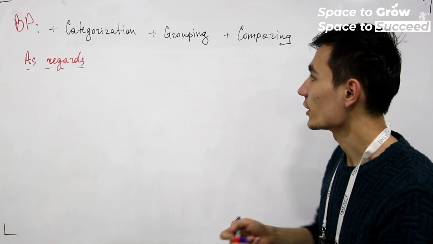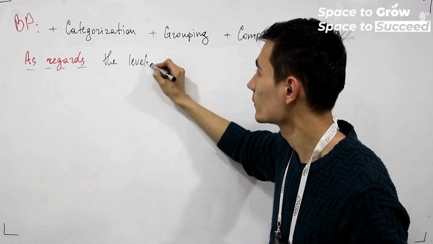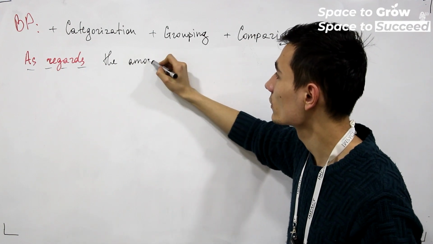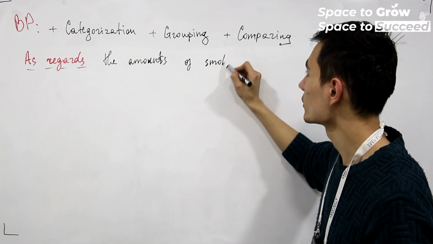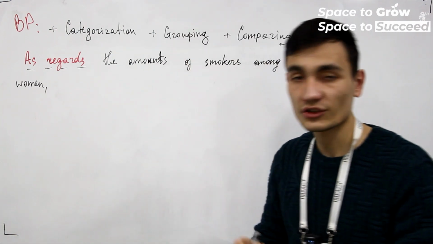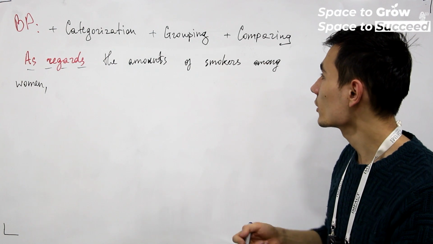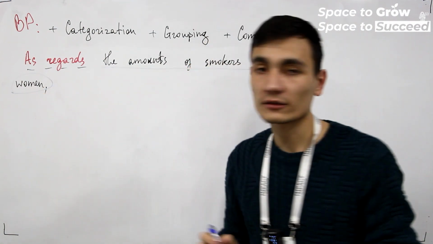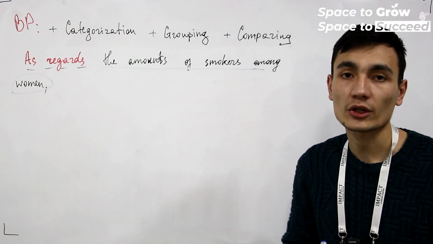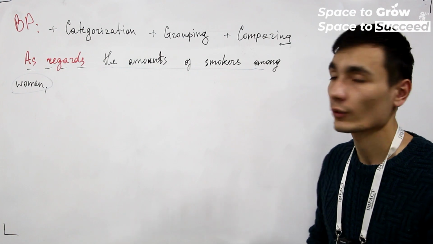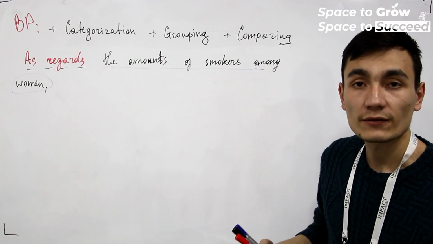Let's say as regards the amounts of smokers among women. As you see, we just started talking about the amount of smokers among women, so we cannot talk about something else. We cannot include men now. So as regards the amount of smokers among women, now we have to start giving details.